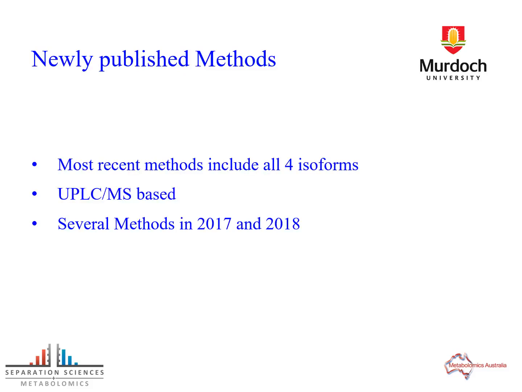And it's true to say that fairly recently most methods that have been published include all 4 isoforms, and they very much tend to be UPLC based MS methods. There have been several papers published in 2017 and 2018, and they've all tended to look at different aspects associated with sample prep, etc., to make sure that we can get the best possible data.